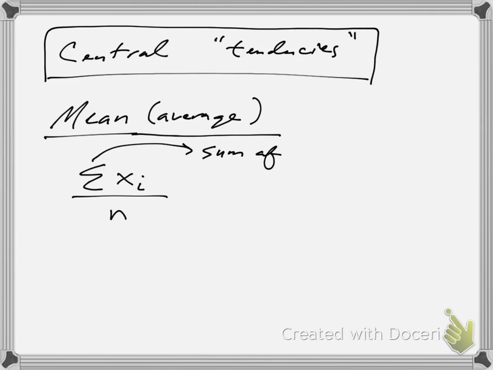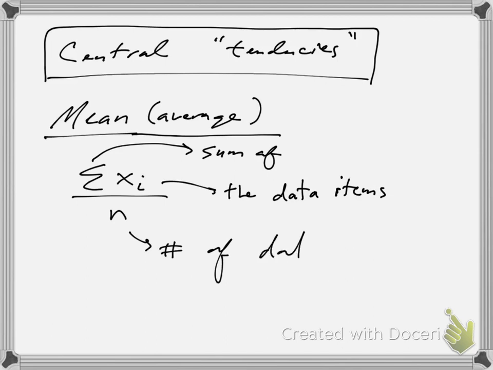Xi's. This is the sum of the data items, and this is the number of data items. So that's the mean. You just add everything up and divide by the total number of them. We also use the word average for that often.